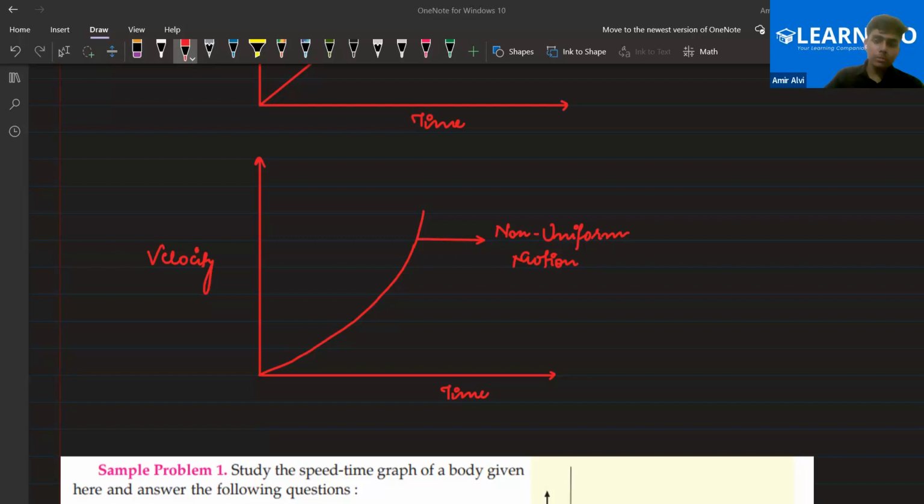Now let's do some questions based on this graph portion. This is the question that you have to solve, everyone.